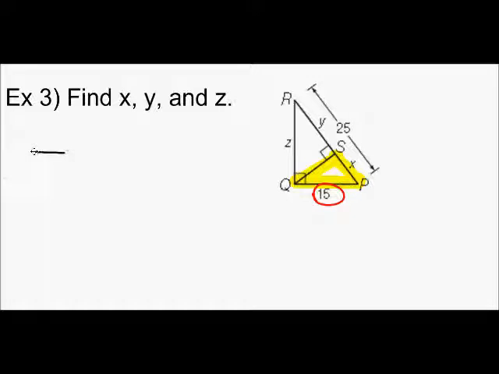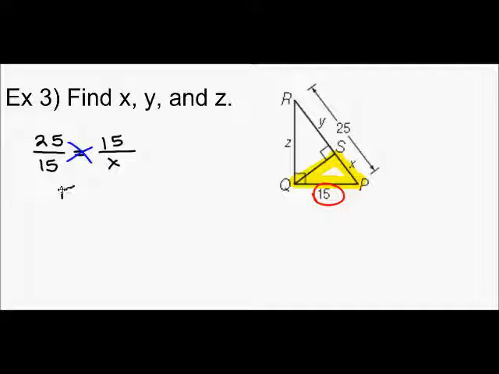I'm going to have something over 15 equals 15 over something. Okay, and I remember from my last example that the 15 is going to be the geometric mean of the hypotenuse of the large triangle and that portion of the hypotenuse on the small one. And once I have that proportion set up, I'm just going to cross multiply and solve.